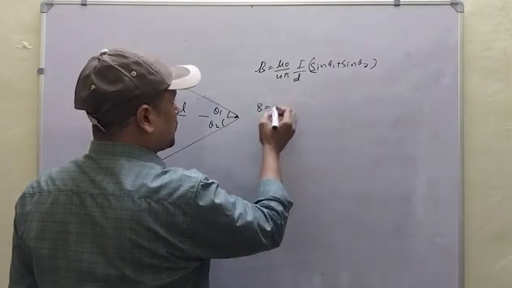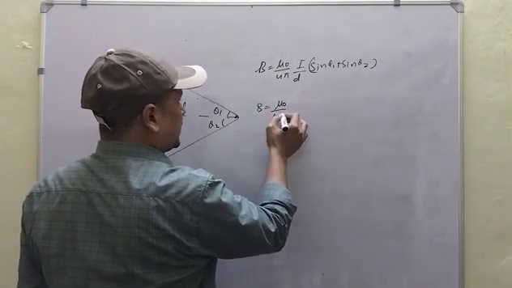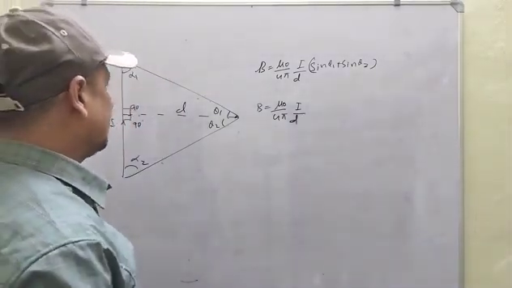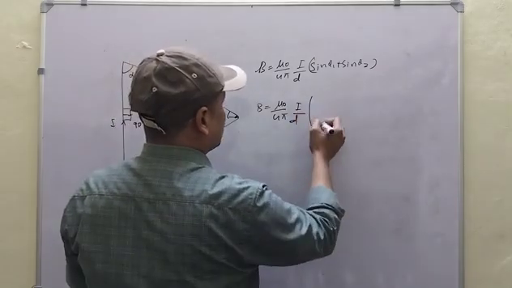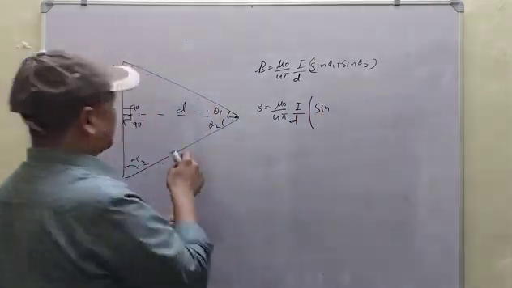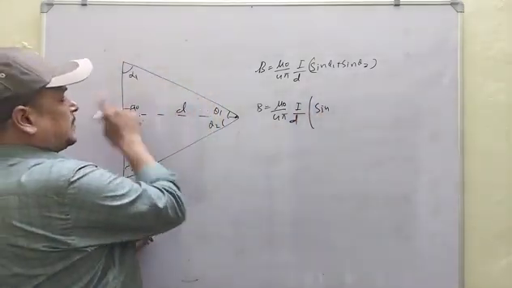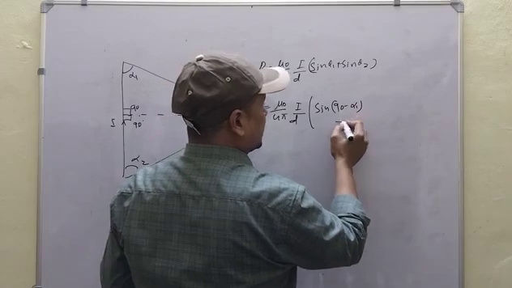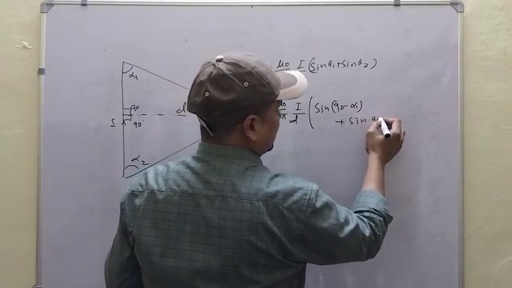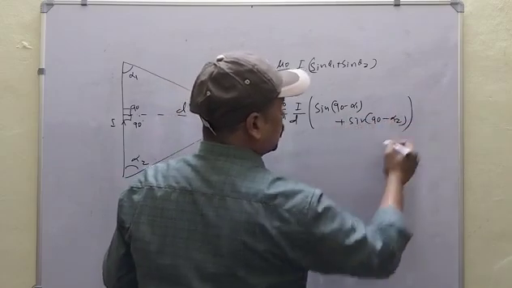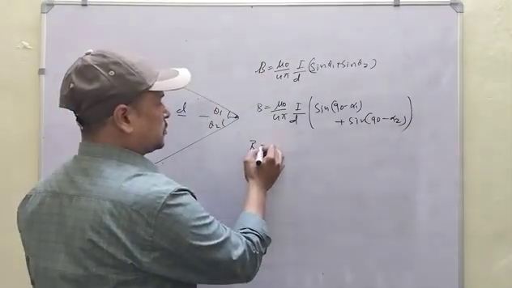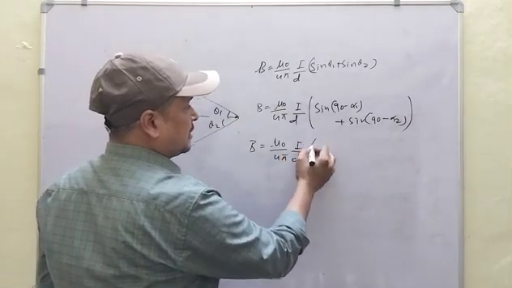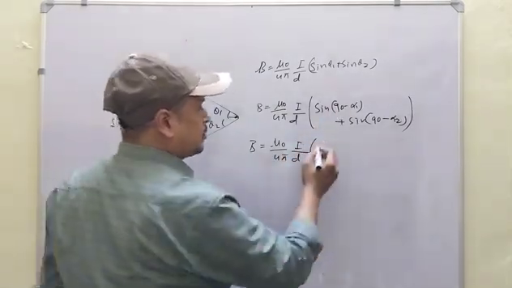So B equals mu naught by 4 pi I by d, and here sin theta 1 means 90 minus alpha 1, plus sin theta 2 means 90 minus alpha 2. So B equals mu naught by 4 pi I by d, sin of 90 minus alpha, which is cos alpha.